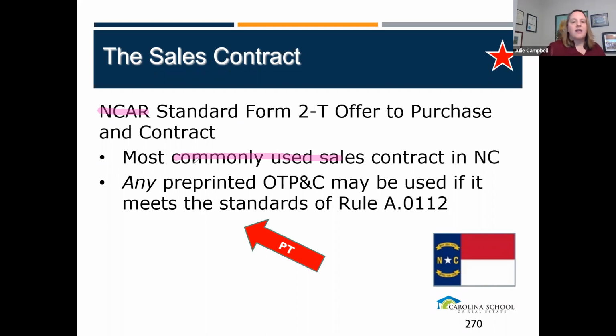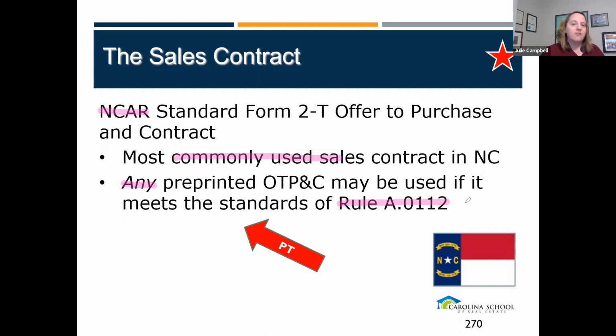The rules say I can use any offer to purchase and contract as long as it satisfies the standards of Rule A.0112. Don't worry about the rule number. Don't worry about the rules right now. We'll look at this rule when you come see me in post licensing.